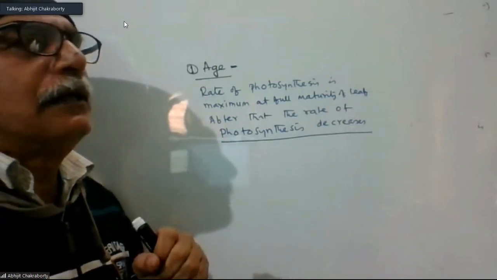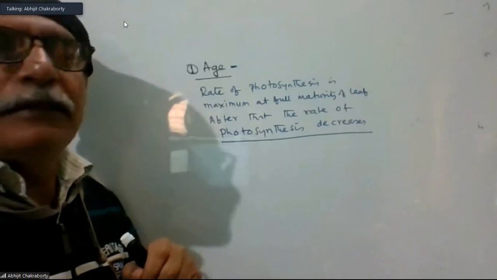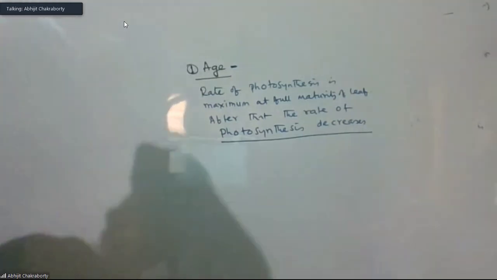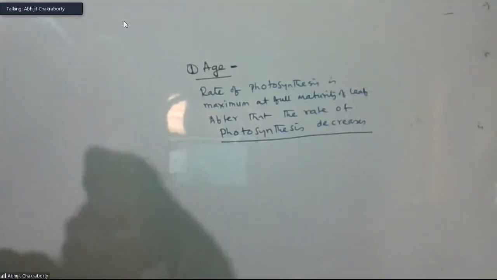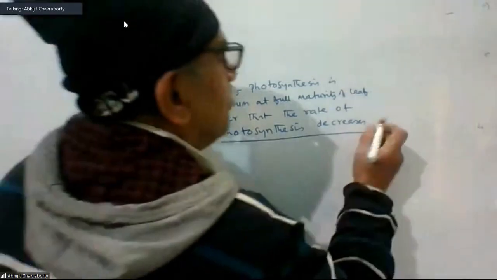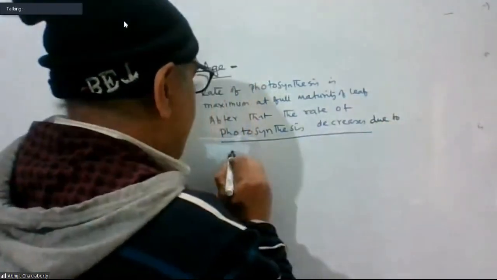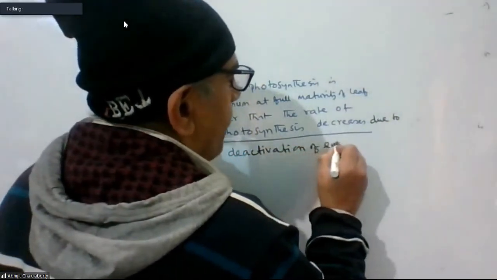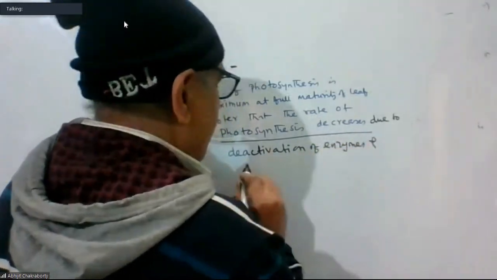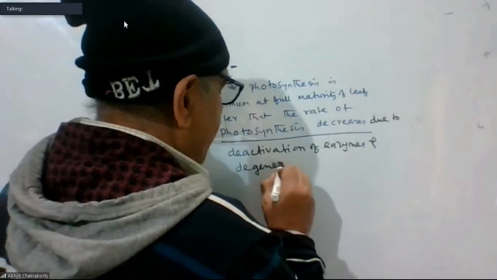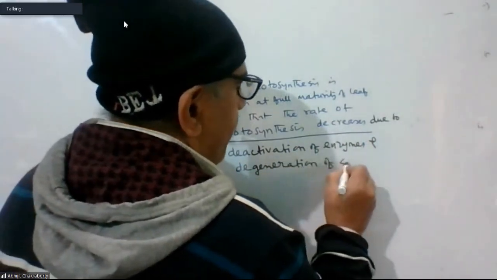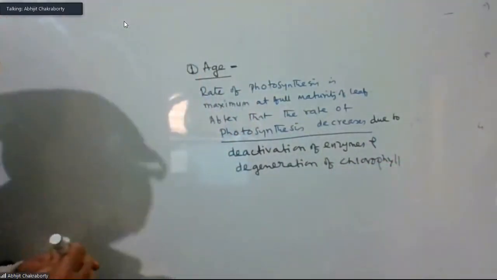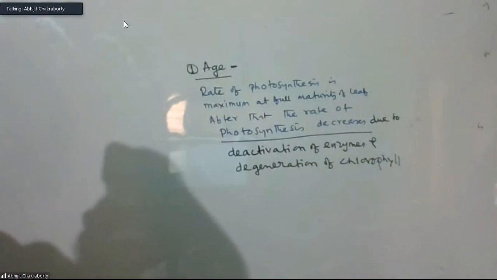First of all, degeneration of chlorophyll occurs. Secondly, enzymes are found to be inactivated. So two things happen: deactivation of enzymes and degeneration of chlorophyll. This is from the age, one of the internal factors.